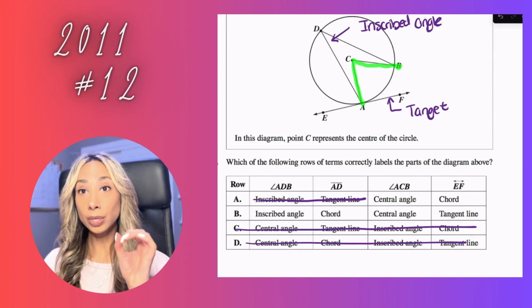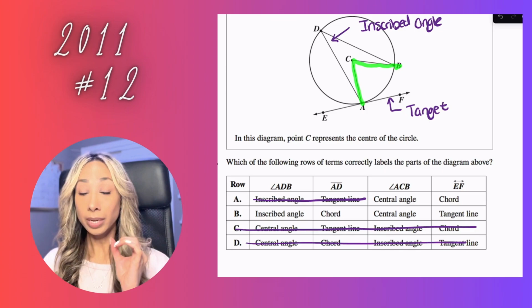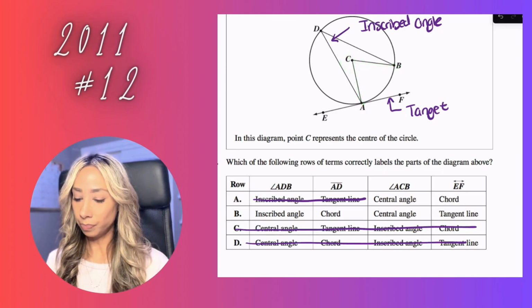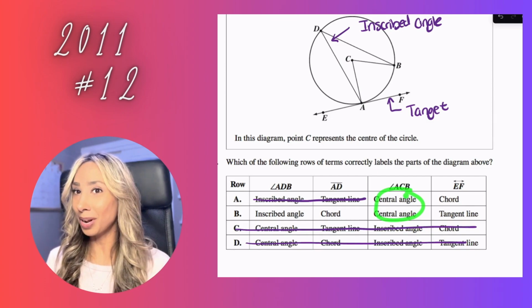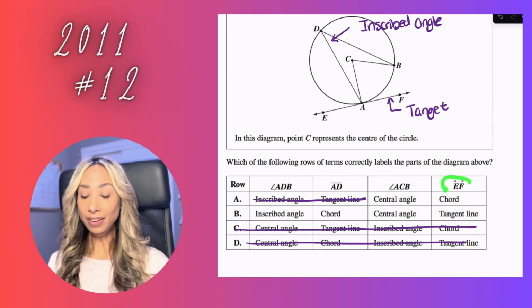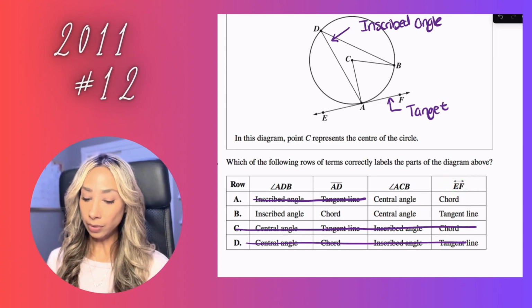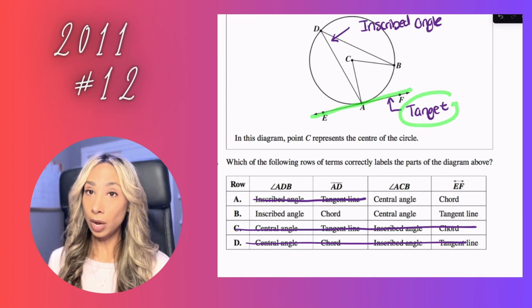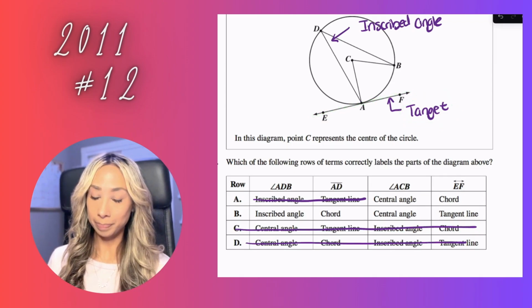Okay, so that one is looking at really this portion here of the circle, which is right in the center. So that we know is going to be a central angle, which doesn't help us too much to eliminate options, but we know it's a central angle. And then our last one is EF. Well, EF, again, we're looking at those arrows, and as we identified at the start, that's a tangent. So therefore, our only option for this would be option B.